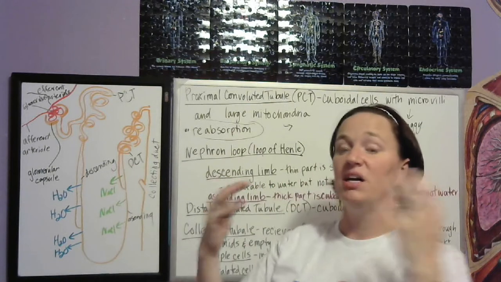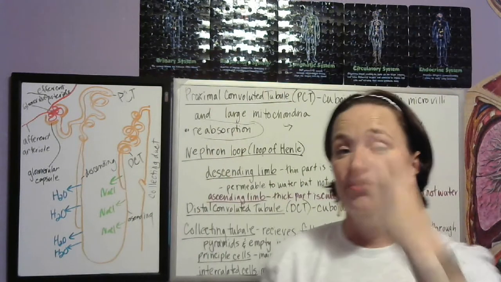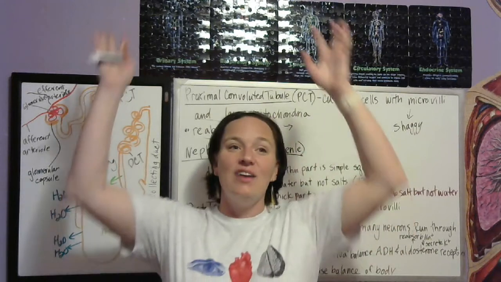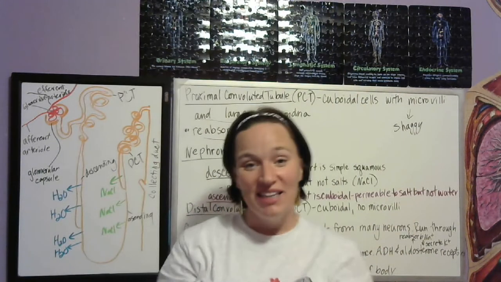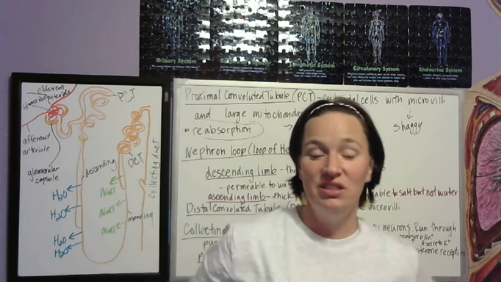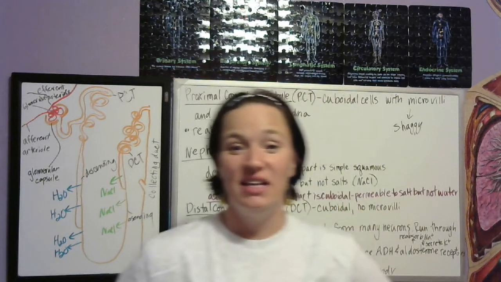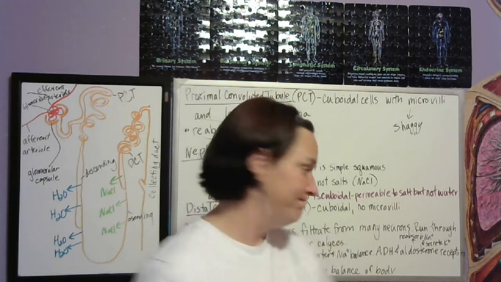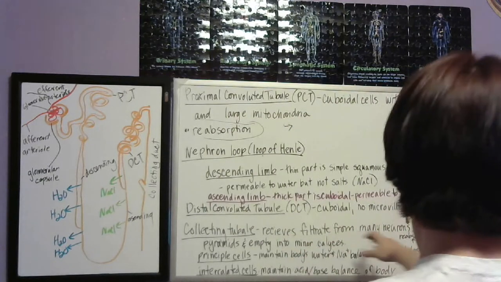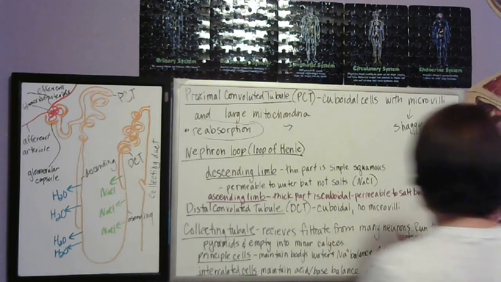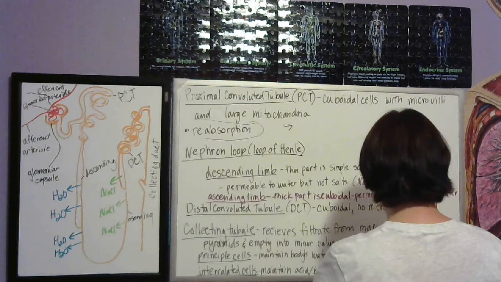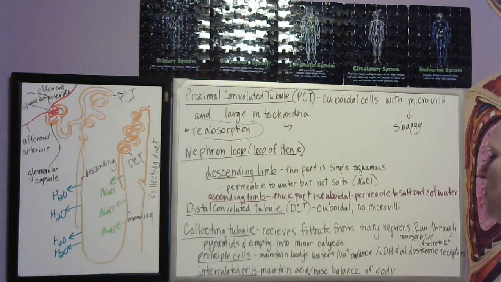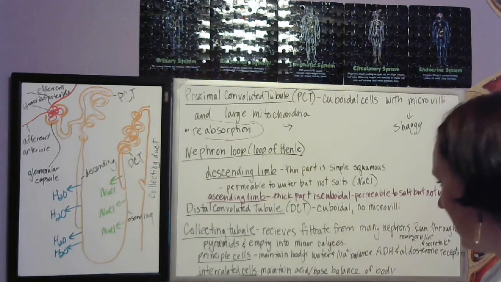It's going to take all of them and take all the filtrate and run down into the calyces, the minor and then the major, right? And then the pelvis, and then to the ureter. It receives filtrate from many, not neurons, nephrons. They run through the pyramids and enter into the minor calyces.